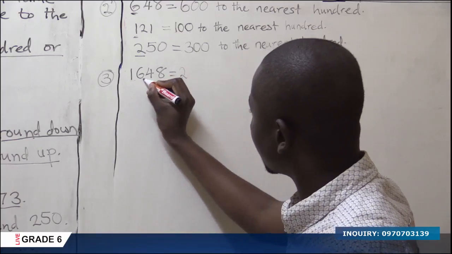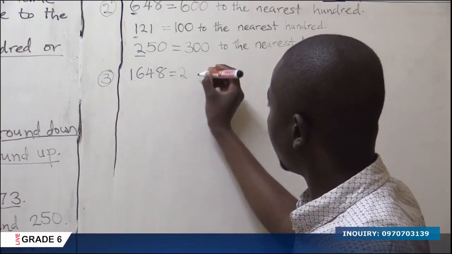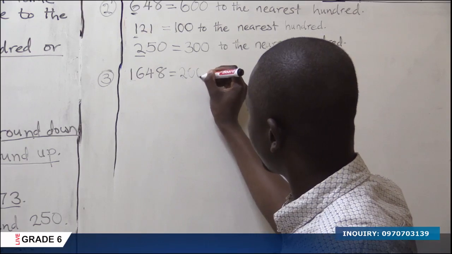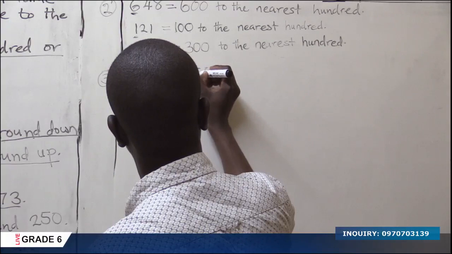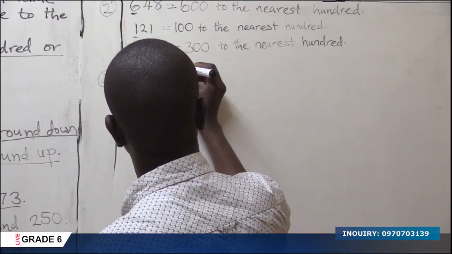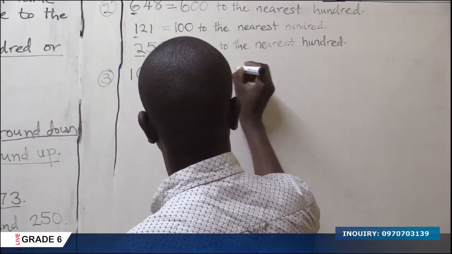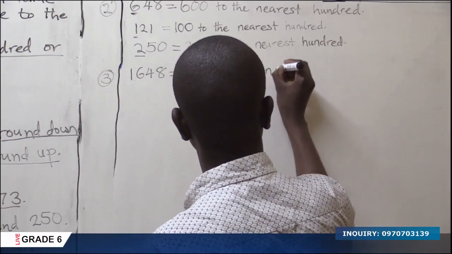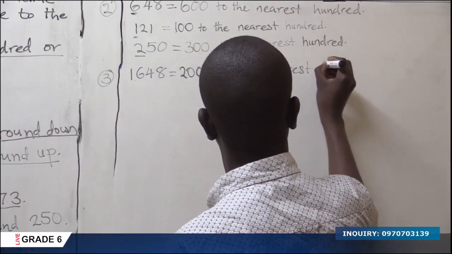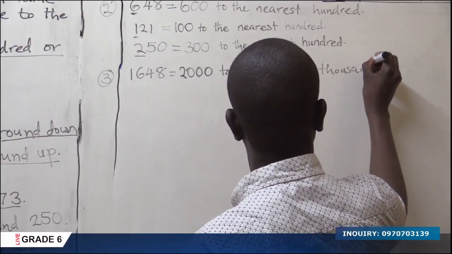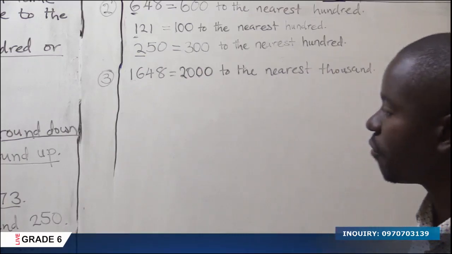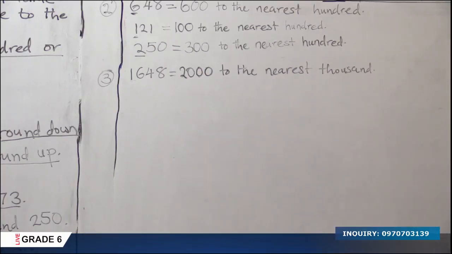Where there are the 6, 4, and 8, we write 3 zeros to the nearest 1,000. So we've rounded off 1,648 to 2,000, which is to the nearest 1,000.